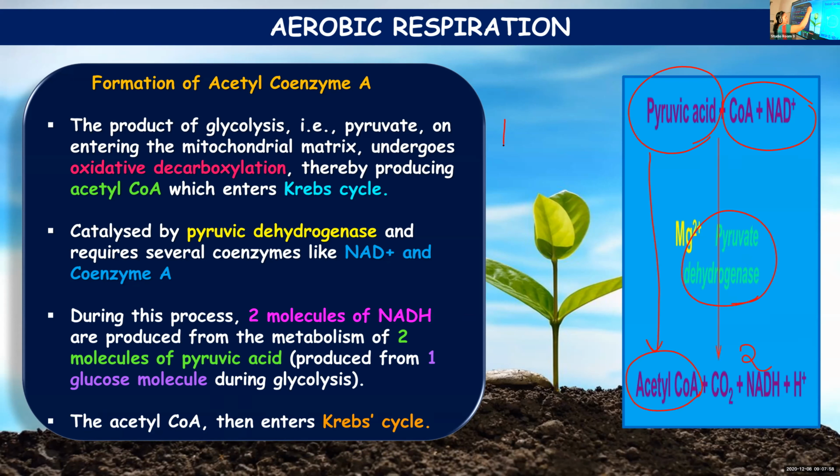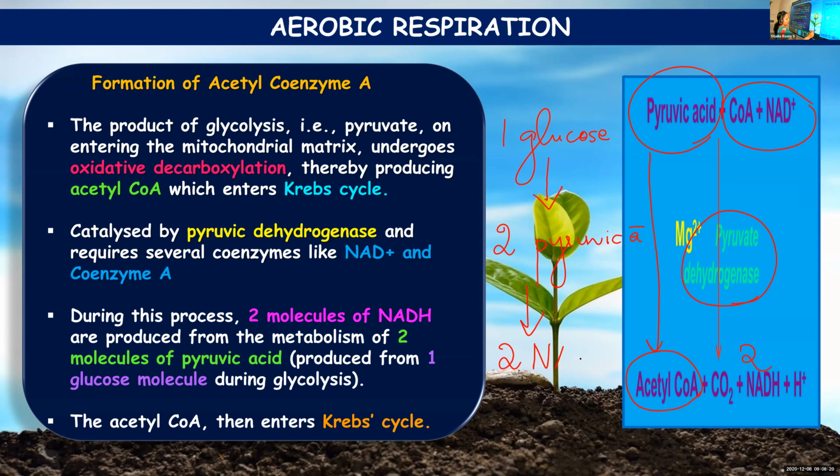One glucose molecule undergoes glycolysis, and you get 2 molecules of pyruvic acid, and from these 2 molecules of pyruvic acid we get 2 molecules of NADH.